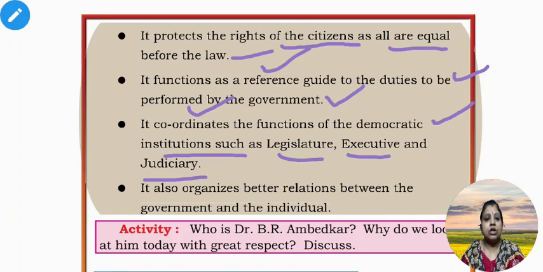It also organizes better relations between the government and the individuals. In this way, our Constitution protects our fundamental rights and the main organs of the government, and we will organize our work according to the rules given by our Constitution.